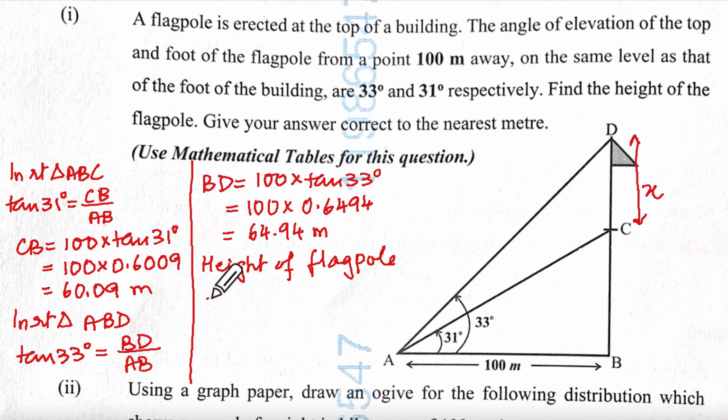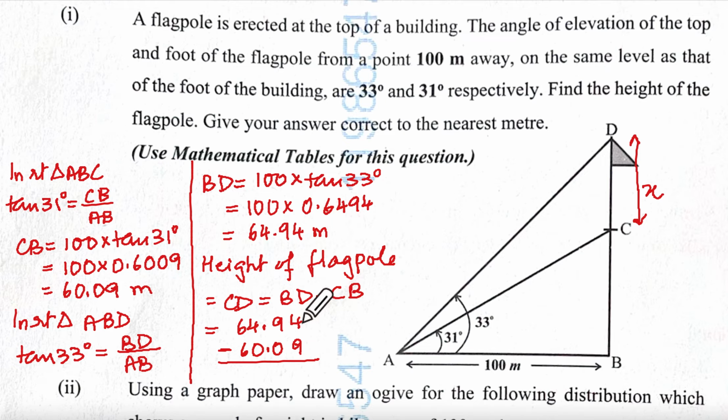We have to write the statement equal to CD, which is equal to BD minus CB, which is 64.94 minus 60.09. You can write the numbers below this also. If you are, then 14 minus 9 is 5. They say nearest meter.